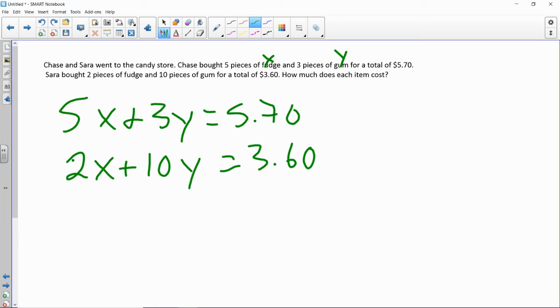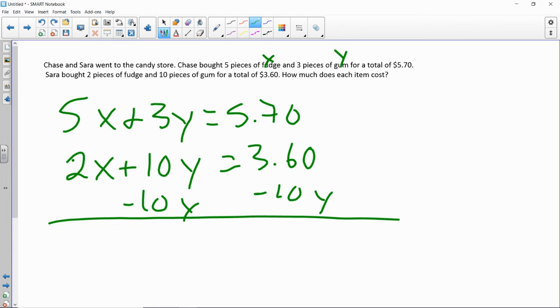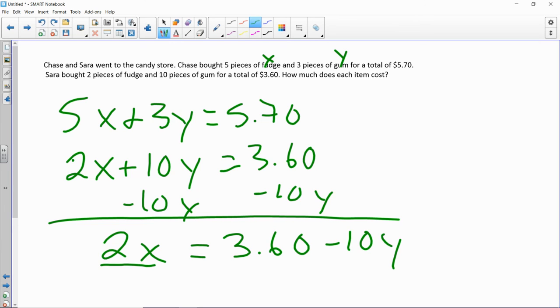Let's pick one of these equations to solve for either X or Y. We're going to work with the second equation. So the first thing I'm going to do is get X by itself, so subtract 10Y from both sides. And then we need to divide everything by 2.